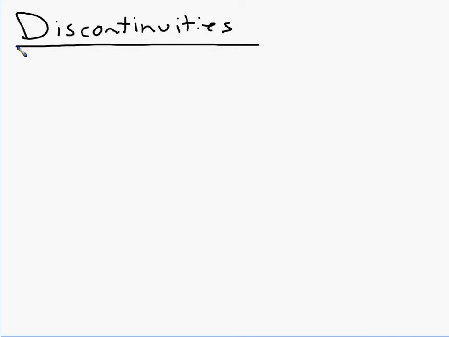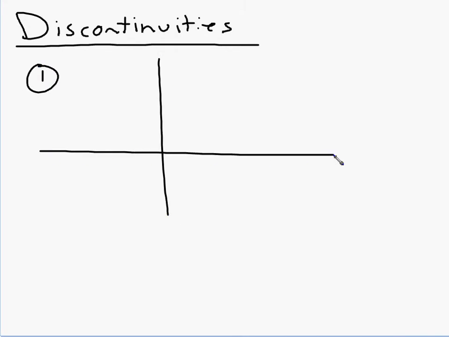So, I'm going to give you several examples here. Example number 1. Let's say we have a function that does this. It has a hole at C. There's a hole there. That function is not continuous at C.